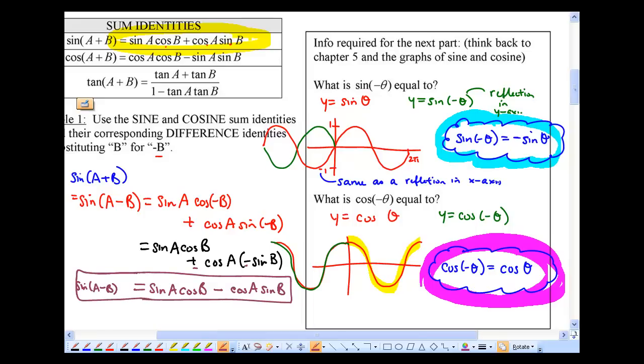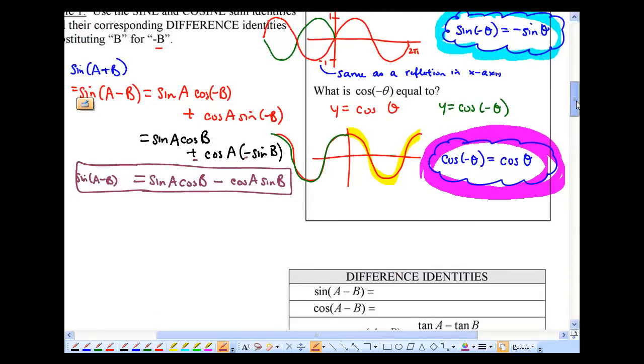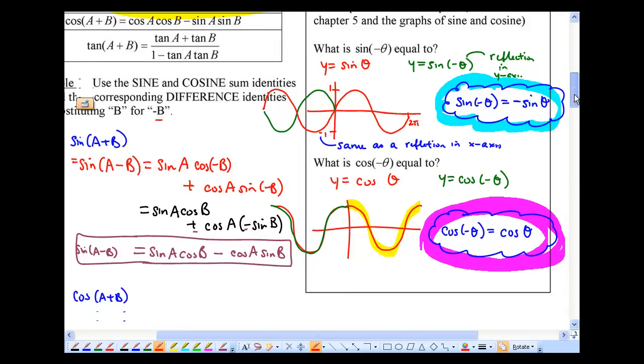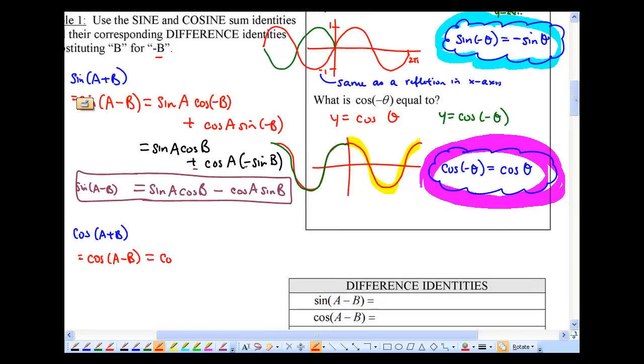All right. Let's do the same now for cosine. Okay. So cos a plus b is what we're starting with, but we're going to change that to cos a, and then instead of positive b, it's now negative b. We'll use the formula from above. So let me go back up here and take a look. Cos A, B, sine A, B. So I'll write down cos A, cos negative B, plus sine A and sine negative B. Okay?